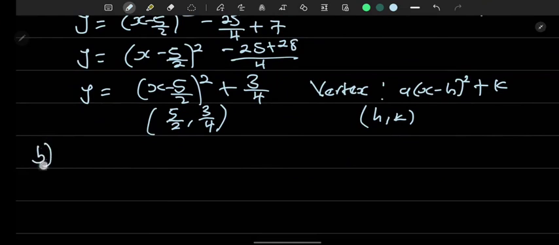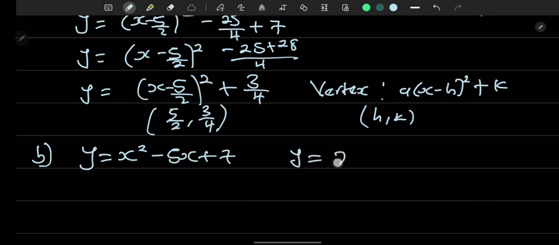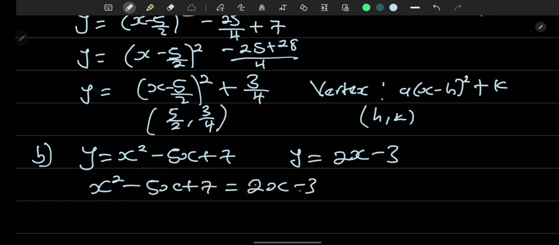So the next one is B. We have to find the coordinates of the points of intersection of the line and the curve. Don't forget we have the equation of the curve to be y equals x squared minus 5x plus 7, and that of the line we have to be 2x minus 3. So we equate these: x squared minus 5x plus 7 equals 2x minus 3.